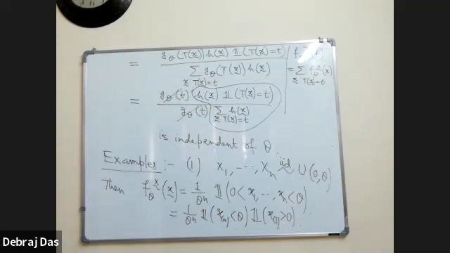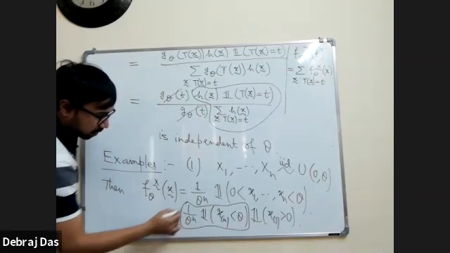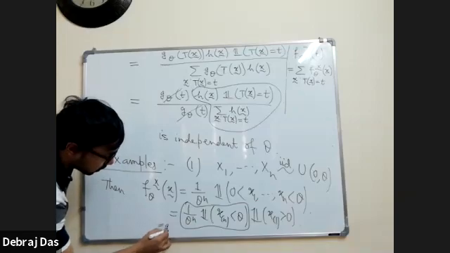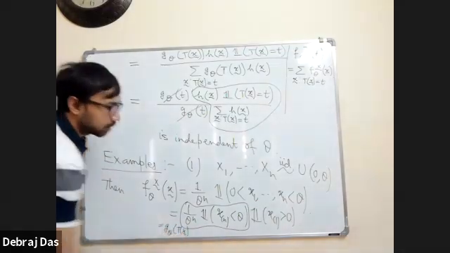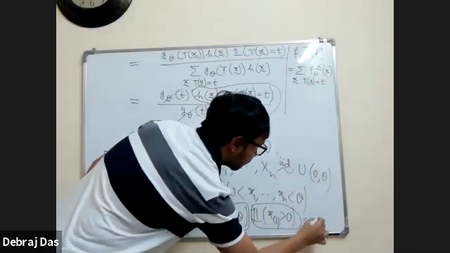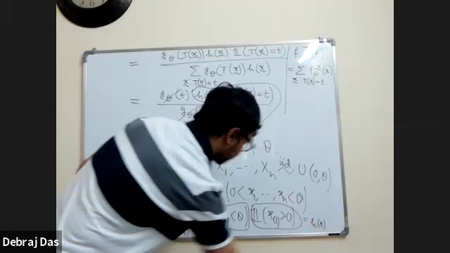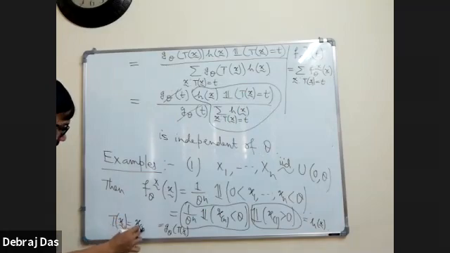Now this part is simply equal to g theta of T x curl, right? And this part is simply h of x curl. What is T of x curl? T of x curl in here is simply x order n.